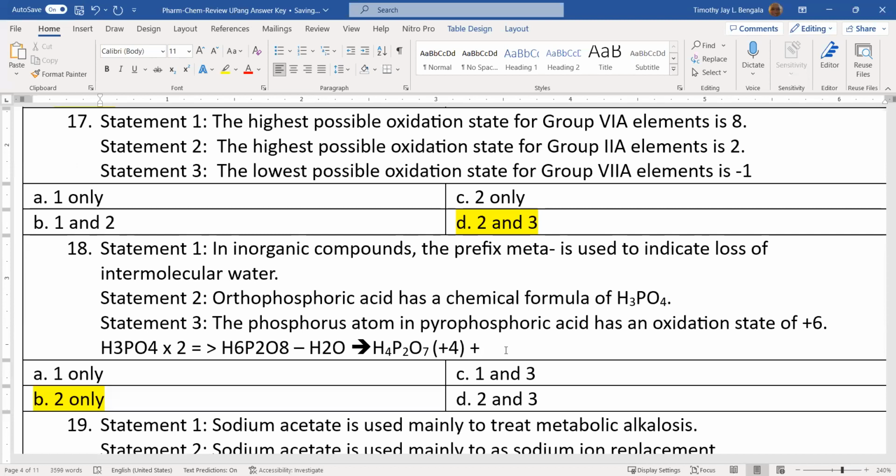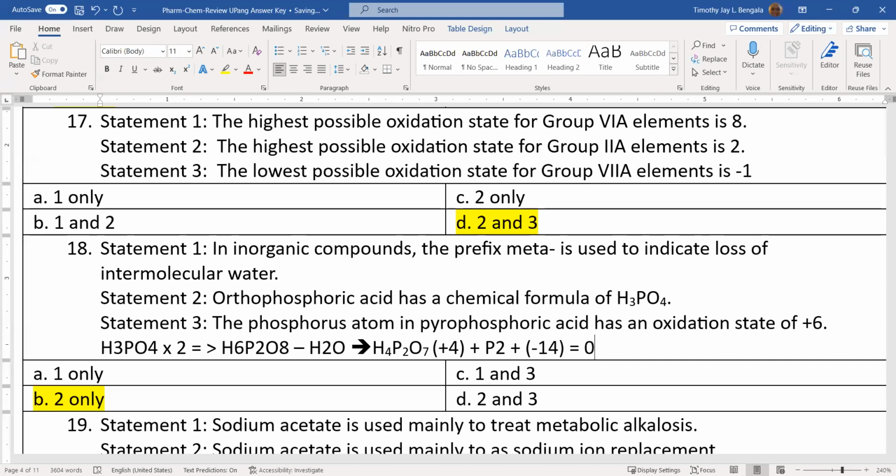So we have P2, and that's the unknown, no? And then we have negative 14 because we have 7 oxygens. So dito, equal to 0, no? Kasi yun yung magiging sum nila. Again, the sum of the individual oxidation numbers or oxidation states should be 0 in a neutral molecule.